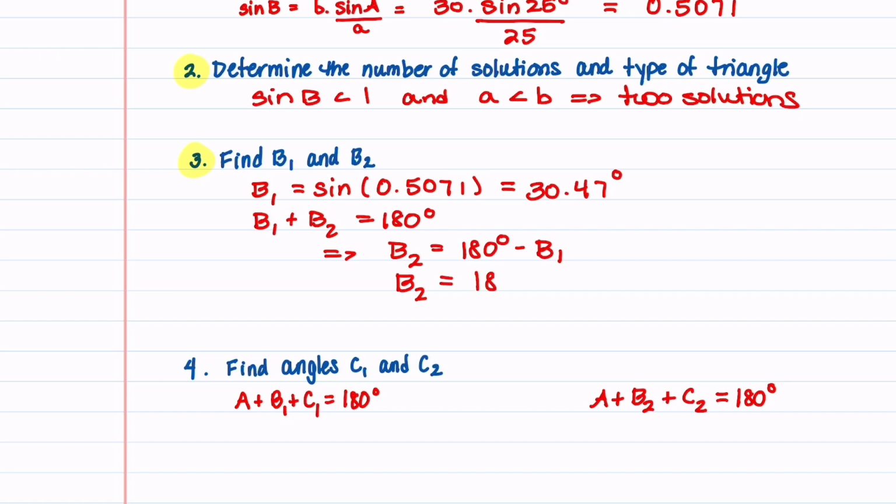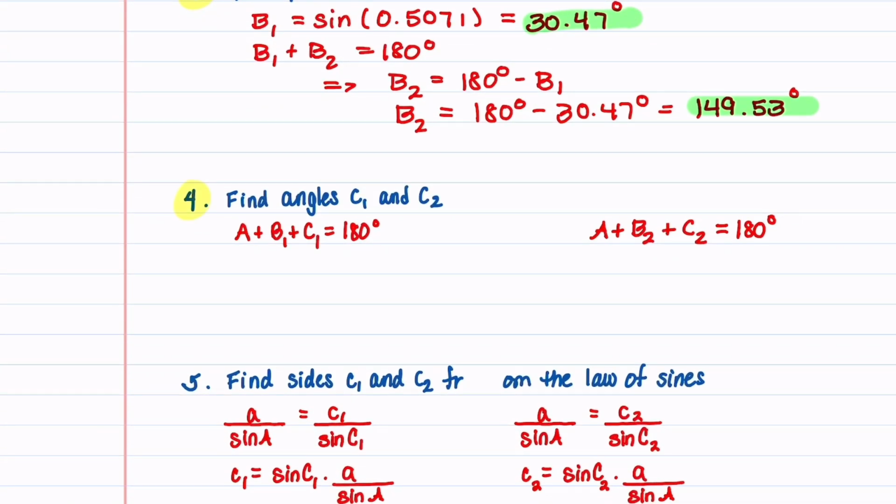B2 is then 180 degrees minus 30.47 degrees, which is equal to 149.53 degrees. Let's highlight those two values.